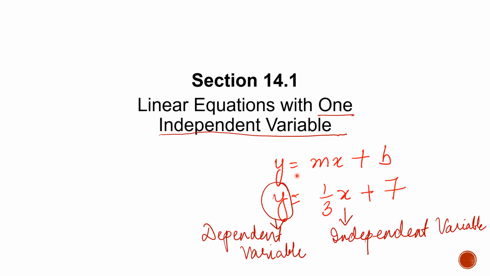This is the slope intercept form, but you may have been asked to write it in point slope form or in general form, and also you may have worked on some word problems using these equations, right? Now we are going to learn in this chapter how to apply it in statistics, all right, and come up with an equation in the linear form.